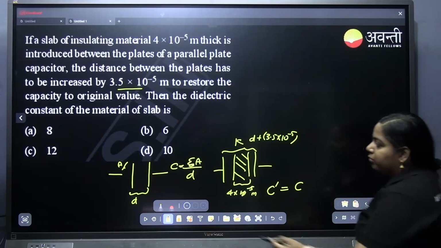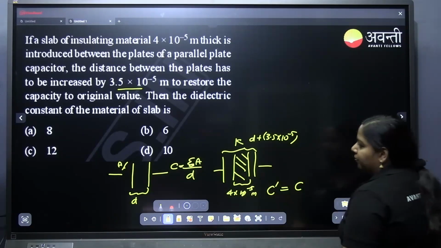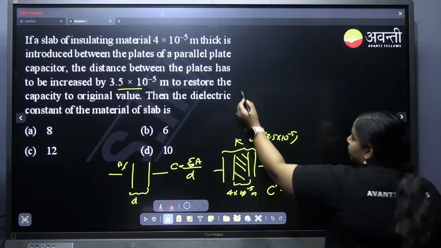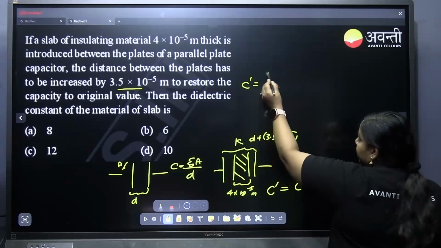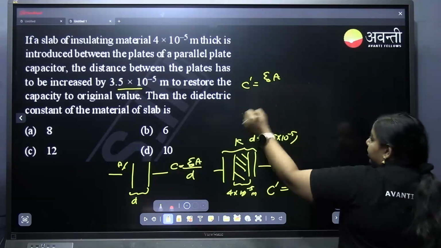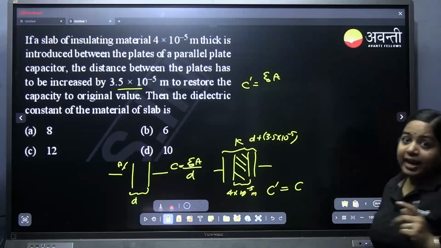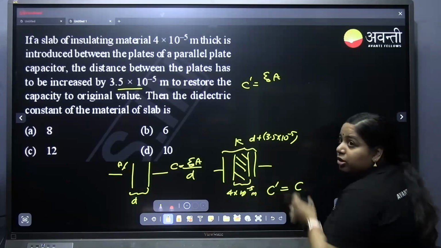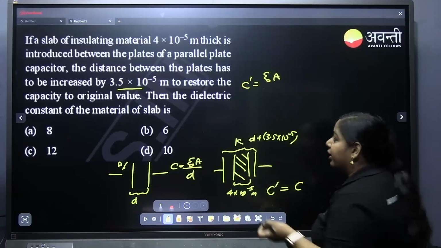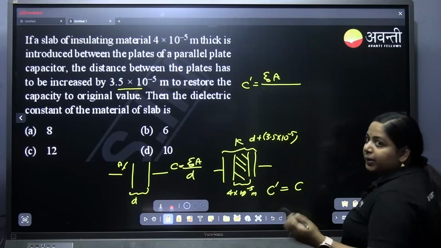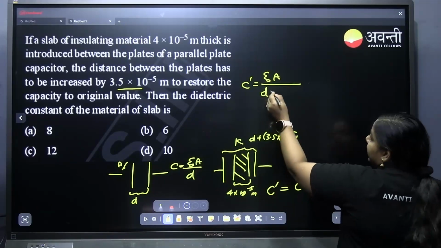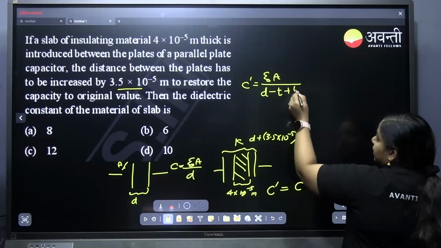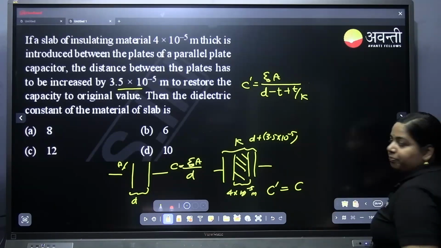We know epsilon naught A by d is C. For the new one, C dash will be epsilon naught A, and K is there. It's not completely filled, it's partially filled, so its equation will be d minus t plus t by K.